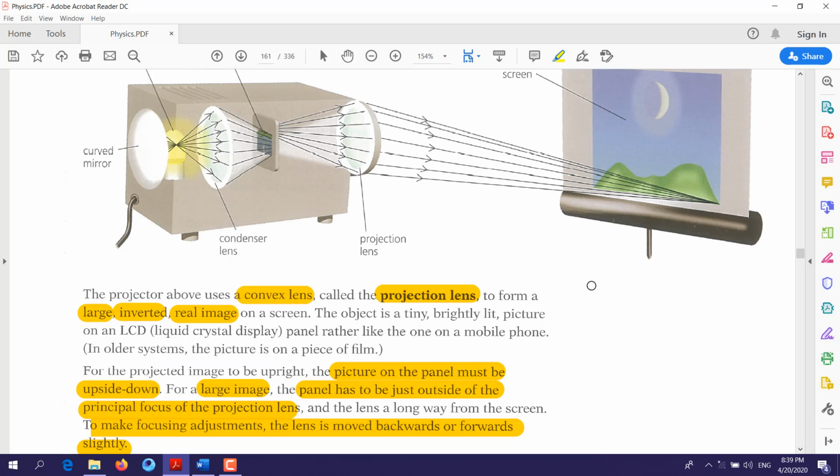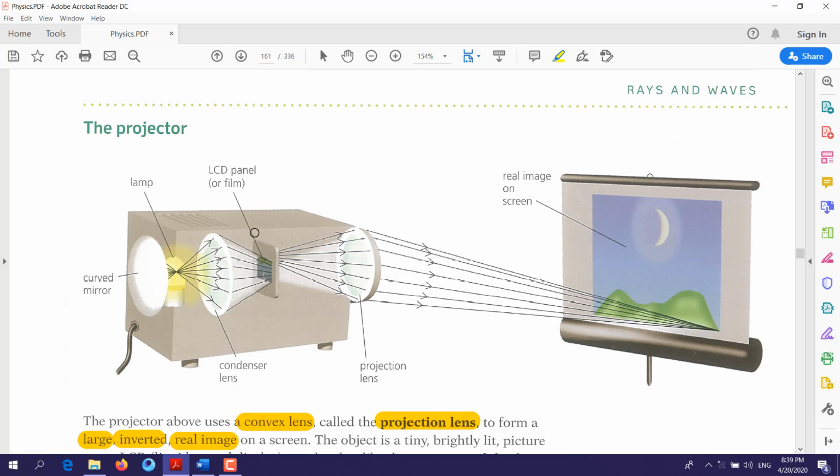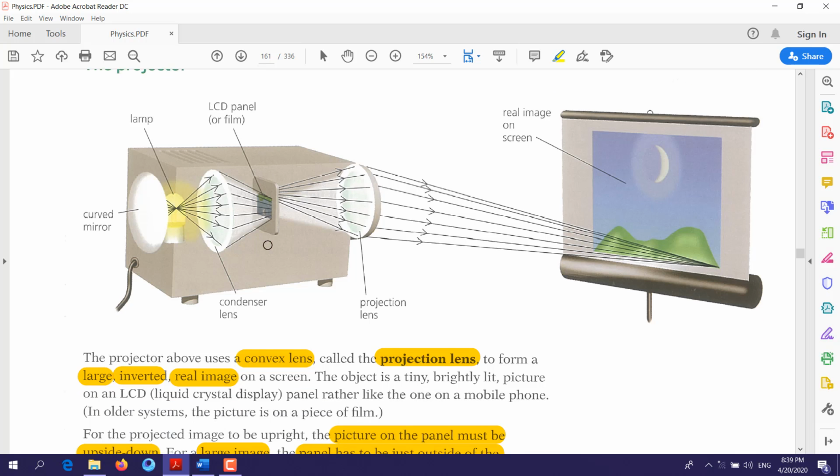How can we make it upright? For the projected image to be upright, the picture on the panel must be upside down. As you can see here, this is the LCD panel, or liquid crystal display.